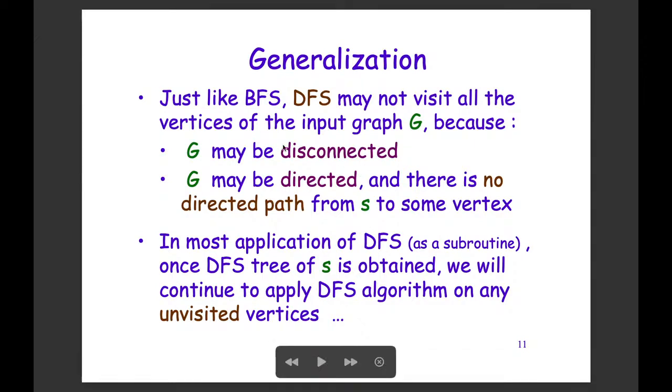But usually in most applications of DFS or BFS, we will run DFS on a certain source node until we do not have any further node to discover. And then if the graph still has some remaining node, we will continue to run DFS on some unvisited node as the source until everything is visited. So this is the usual case of the application of a DFS.